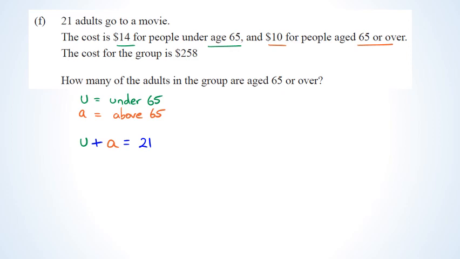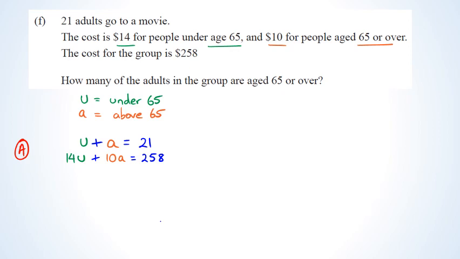My second equation is 14 times U, because $14 for people under 65, plus $10 times A for the people aged 65 or over, and the group cost was $258. So I have my two equations set up, and if you only set up one equation, you're looking at an achieved here. Now I'm going to go about solving these simultaneous equations.